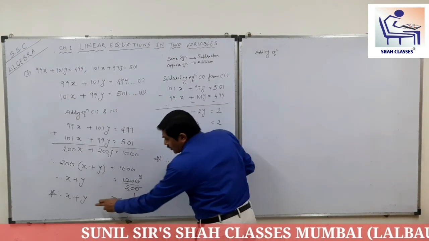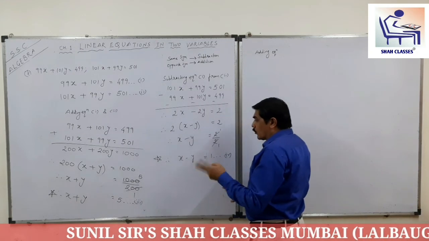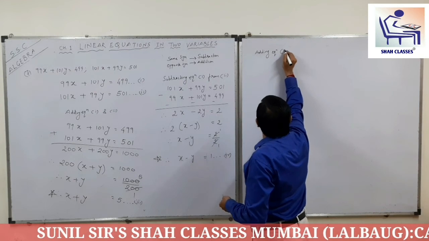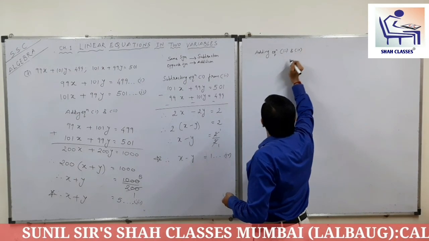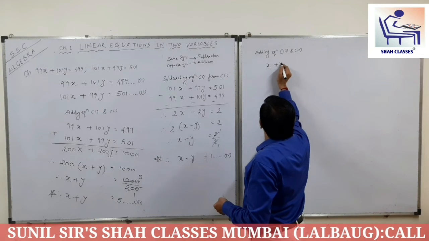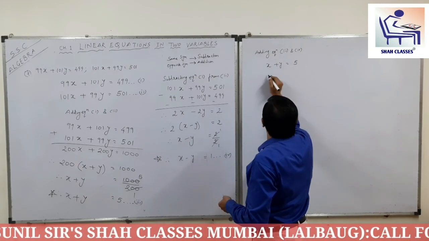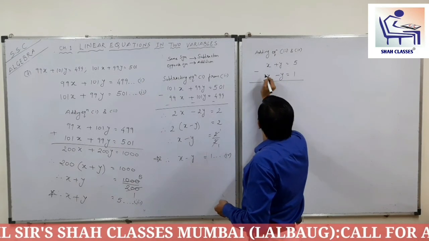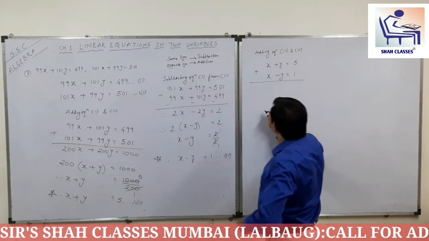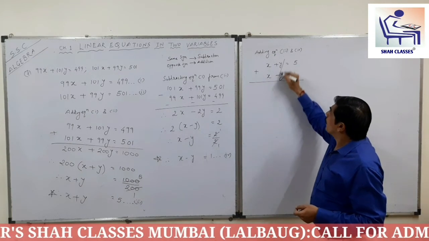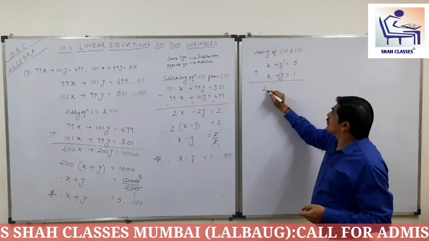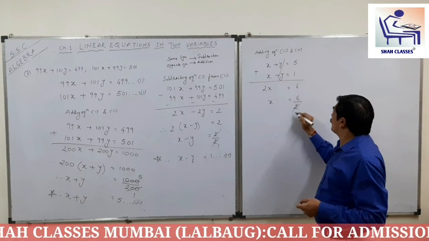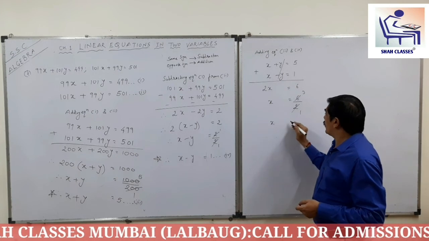Because here we are getting minus y and here plus y, so we can do the cancellation. x plus y is equal to 5, x minus y is equal to 1. There is no need of changing the sign because we are doing the addition. So y gets cancelled. 2x is equal to 6. So x is equal to 6 divided by 2. So x is equal to 3.